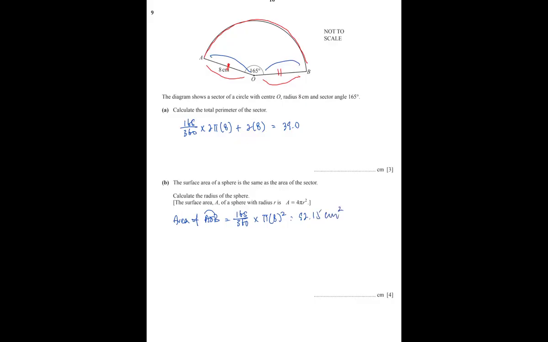Okay, we want to find the radius of a sphere which has the same surface area as this. The question graciously tells you that the area of a sphere is this. So I just form my equation, 4 pi r squared equals 92.15. To solve for r, just divide by 4 pi and then square root it. Okay, I get 2.71 to 3SF. That's just it.